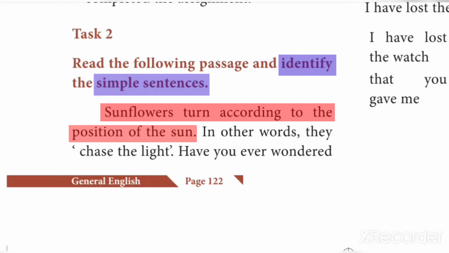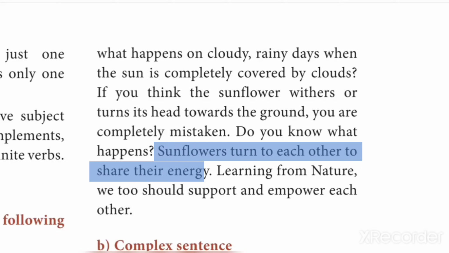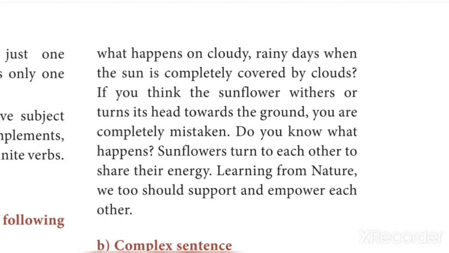And the next one is, in other words, they chase light. And the third one is, at the end of the passage, sunflowers turn to each other to share their energy. So these three are the simple sentences in this passage.